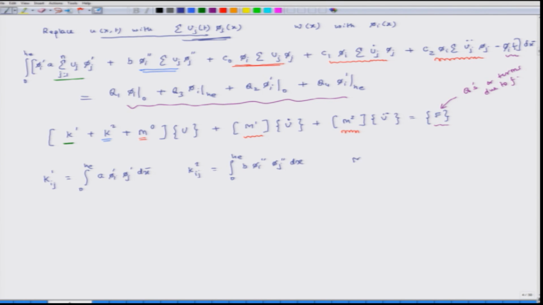Then m 0 I j equals integral from 0 to h e of c naught phi I phi j dx bar. m 1 I j equals integral from 0 to h e of c 1 phi I phi j dx bar, and m 2 I j equals integral from 0 to h e of c 2 phi I phi j dx bar.